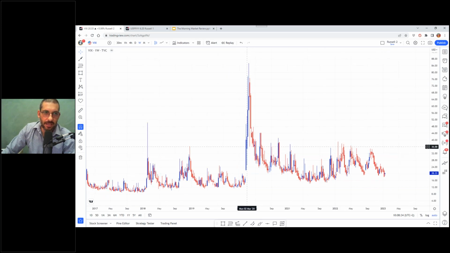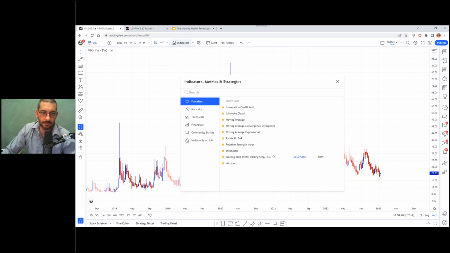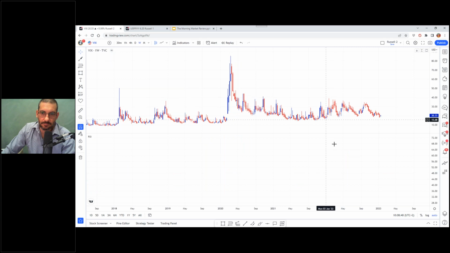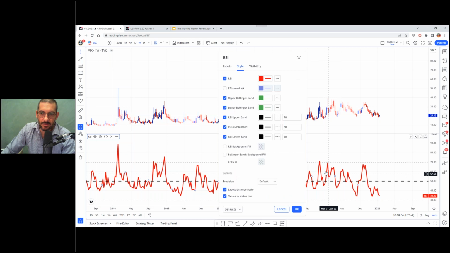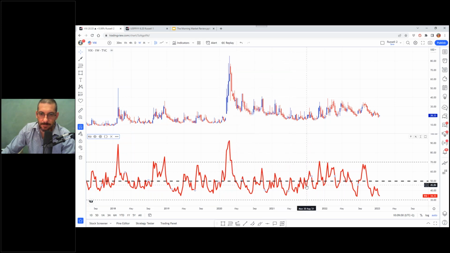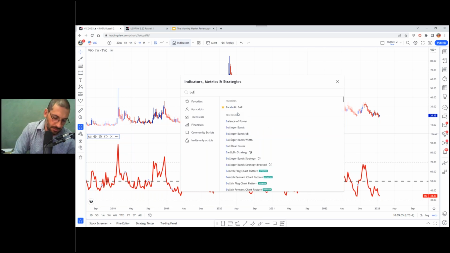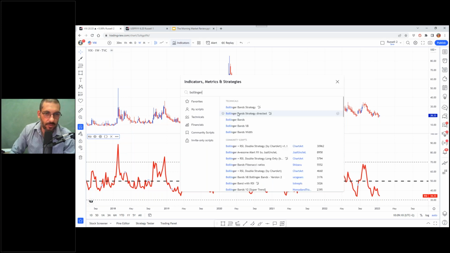What we want to do here is add in an RSI. What we're going to do with this RSI is put in a Bollinger. Just want to make sure the settings are correct. They are correct. Let's throw in a Bollinger Band. So the Bollingers make for adaptive overbought, oversold.